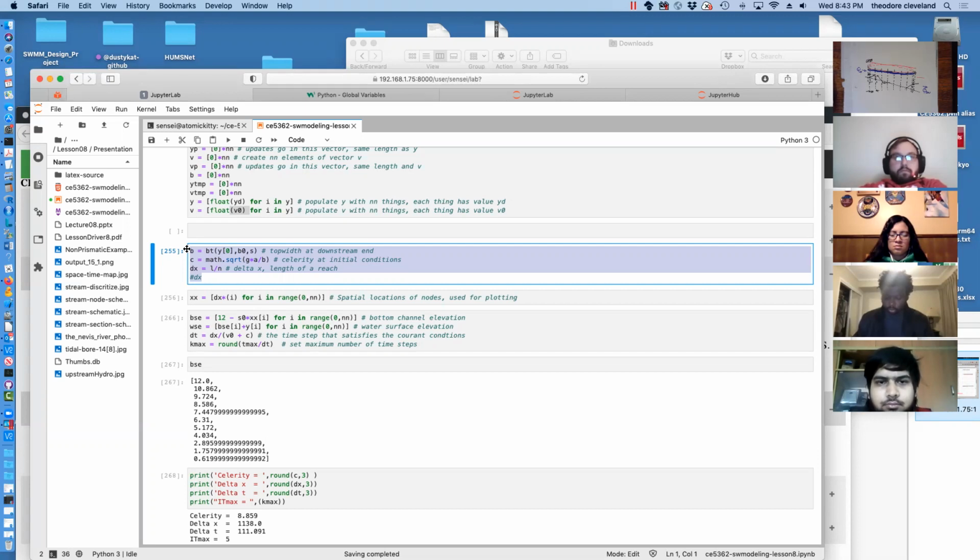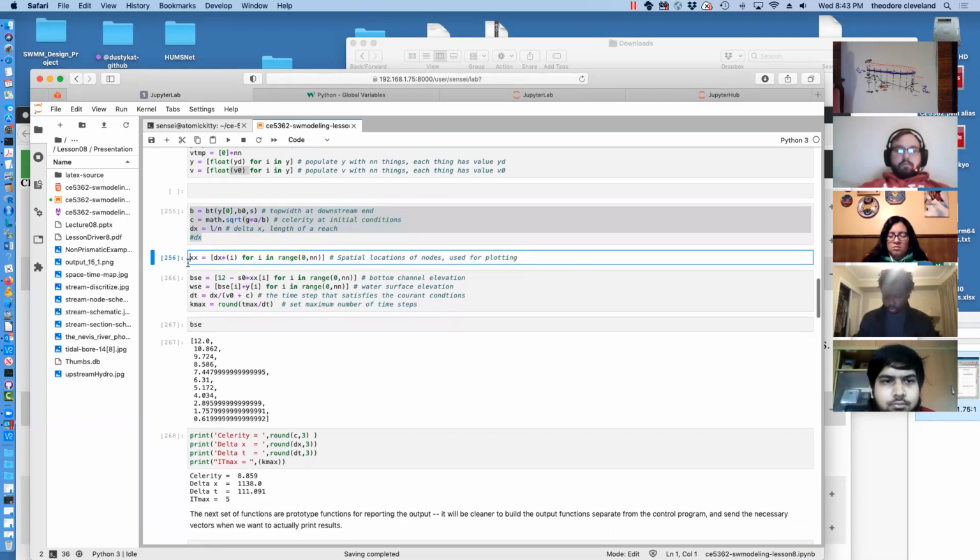The next term calculates the length of a reach. These distances here, I'm drawing on the picture now. Whatever that distance is, delta x, it is the whole length of the computation domain divided by how many parts we've broken it into. So that's a no brain required kind of thinking.